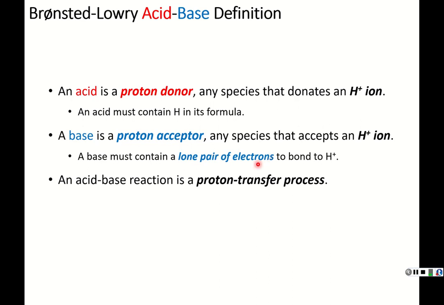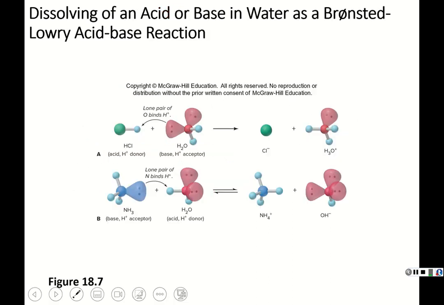So anything with a lone pair of electrons will be able to accept a proton, which is why for weak bases you see compounds that have nitrogens in them, because nitrogens have lone pairs of electrons. In this definition, an acid-base reaction is a proton transfer process.